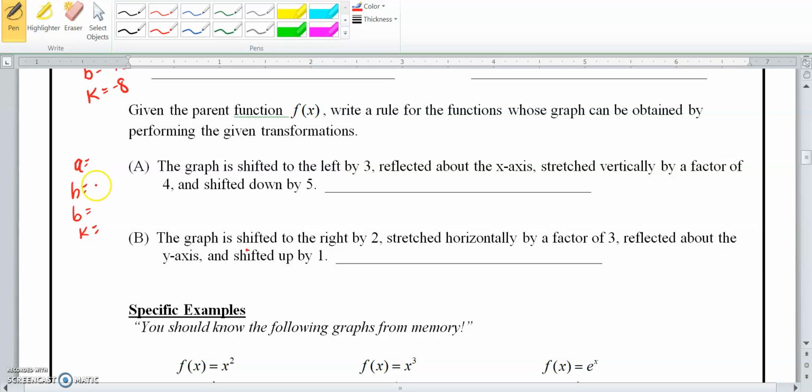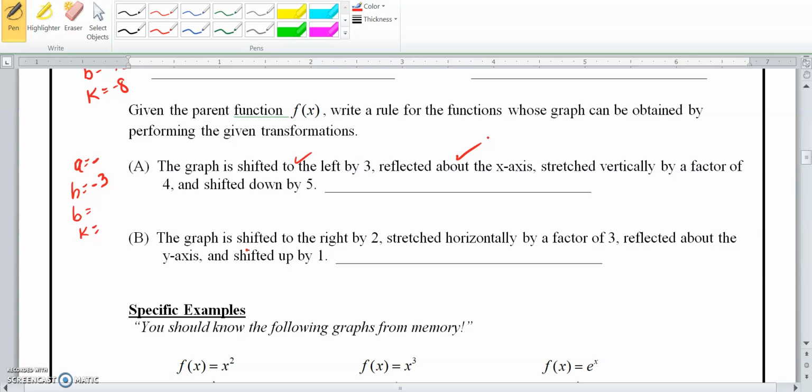Left means it's negative, so h is negative 3. So check. Reflected about the x-axis, we know that reflecting across the x happens through your a. So we know our a is negative. We don't know if it's 1 or some other number, but we know we reflect about x.